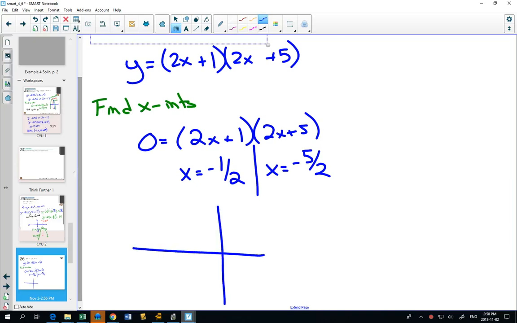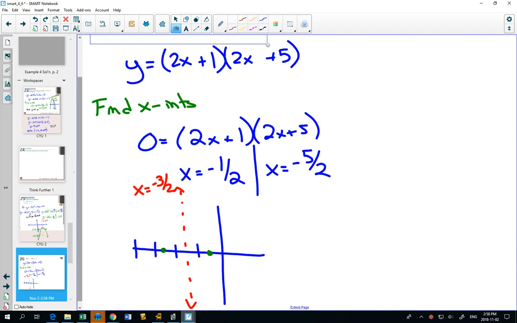If we start to graph this, -1/2 would be there. -5/2, which is -2.5, would be there. And our axis of symmetry would be here, right in the middle, at -3/2.